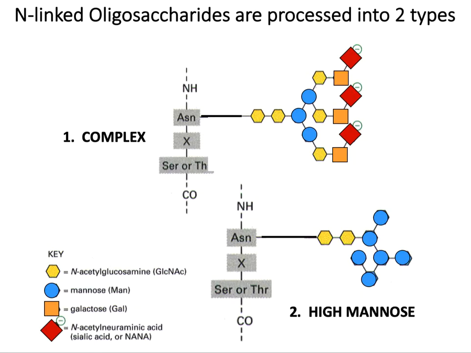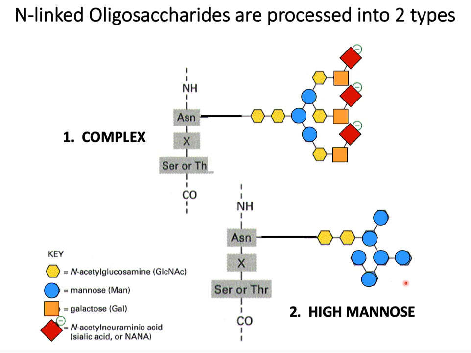So we are talking about the N-linked oligosaccharides, and these are sugar modifications on asparagine residues on these secretory proteins. There are actually two classes of N-linked oligosaccharides. Let's start with the second one, and they are called the high mannose N-linked oligosaccharides.